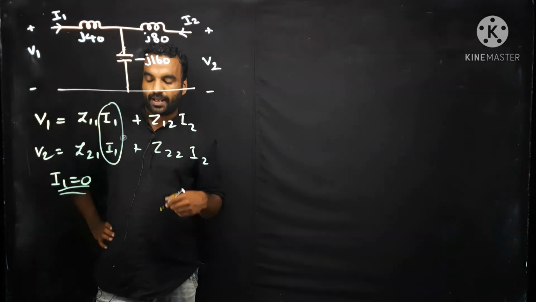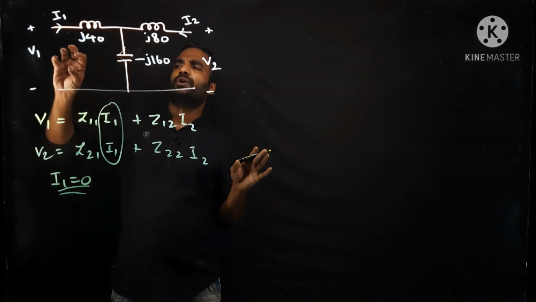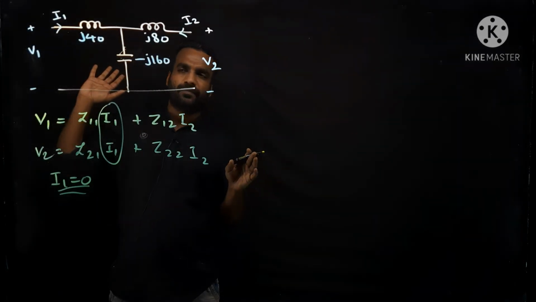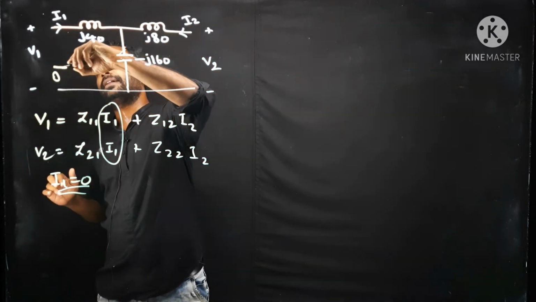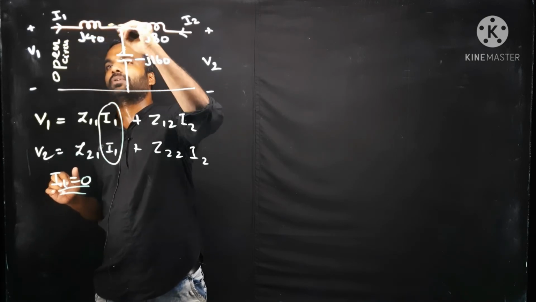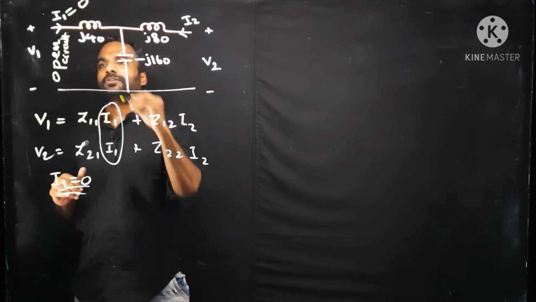How can we make I1 equal to 0? I1 equal to 0 means you are not going to connect any supplies here, and you have to keep this side open circuit, so that I1 will become 0.